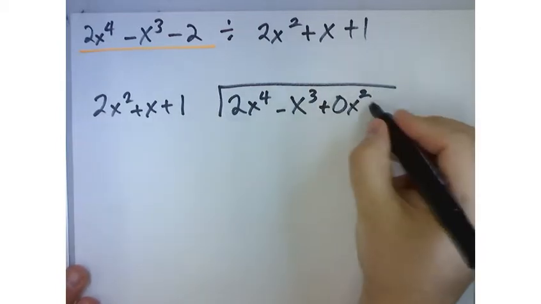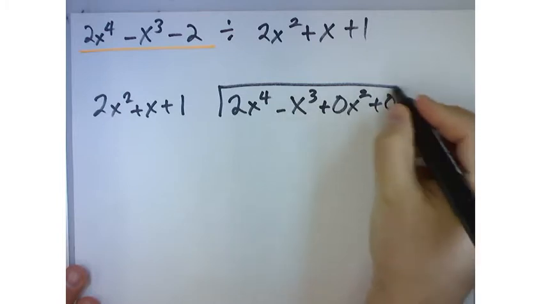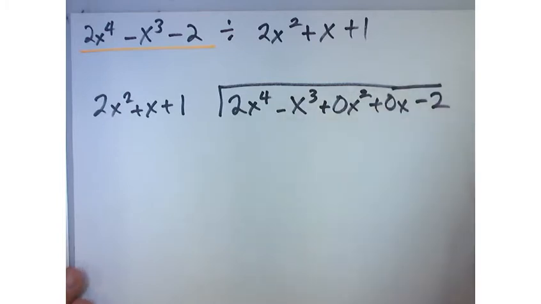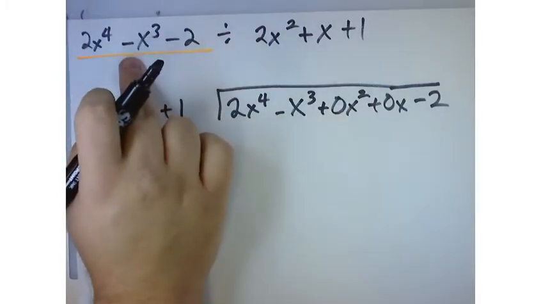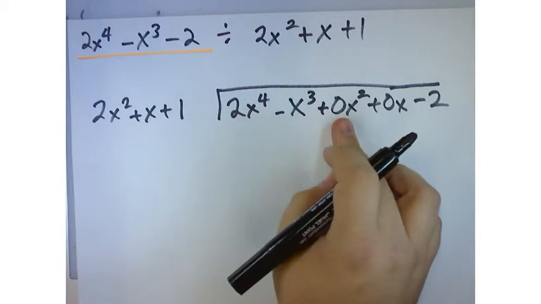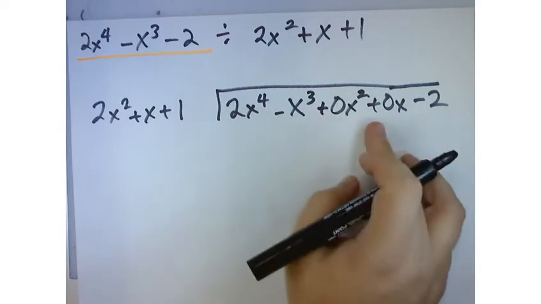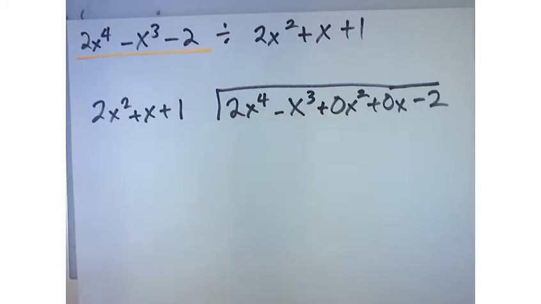So I'm going to say plus 0 times x. And then we say minus 2. Now, what Mr. Adams wants you to realize is that it goes a lot easier if we represent each power of x, whether it's listed in the problem or not. How do we do that? We write down 0x squared plus 0 times x. Now we solve this problem the exact same way.